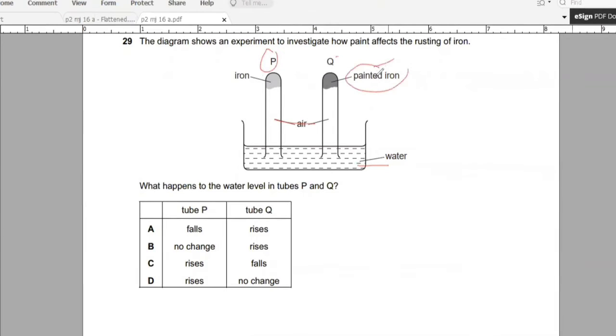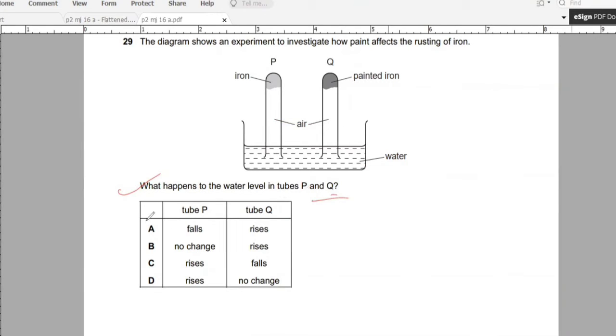Painting is basically the process we use to prevent rusting, right? This is a preventive measure. We do painting in order to prevent rusting. Look at what happened to the water level in tubes P and Q.